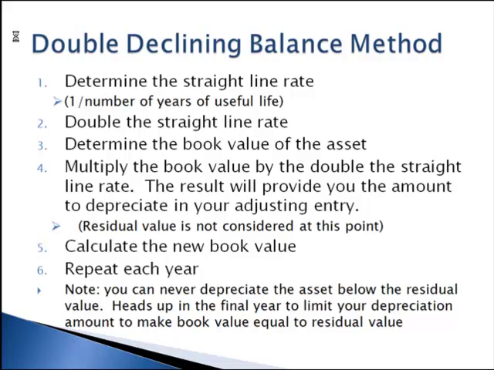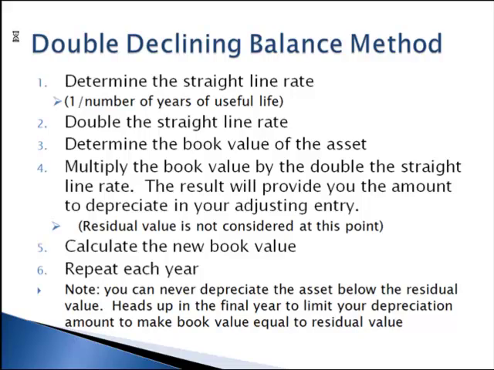So after we take the book value and multiply it by double the straight line rate, we'll come up with a number, and that's how much depreciation we get to write off in that particular accounting period. Notice that we do not take residual value into account at this particular point in time. The book value is all that we care about.